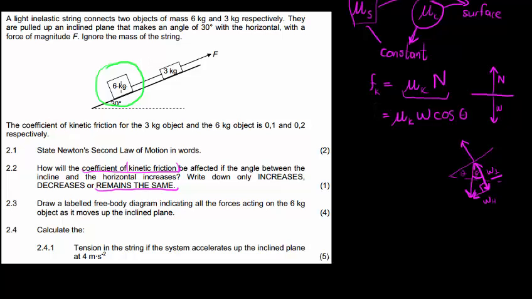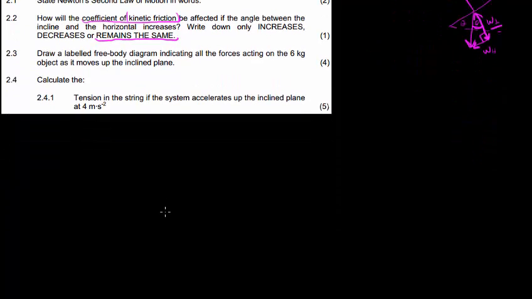Okay? We'll always start, we'll draw our box on a surface, and now we're just going to draw in our forces. As I say, we always start with weight. So let's draw in our weight. Okay, there's weight. They said we should label it.